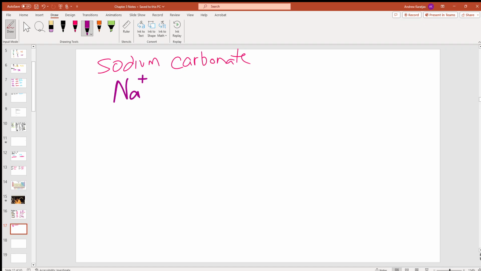Carbonate, we just learned, CO3 2-. In order for our overall charge to be neutral, we need 2 sodiums to equal +2 to combine with the -2 of carbonate. So our formula, Na2CO3.